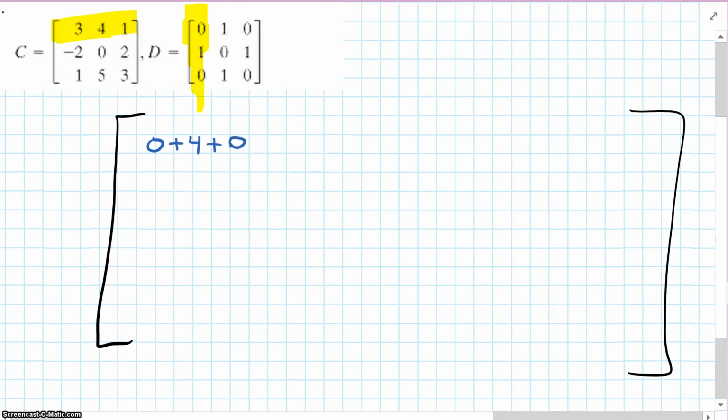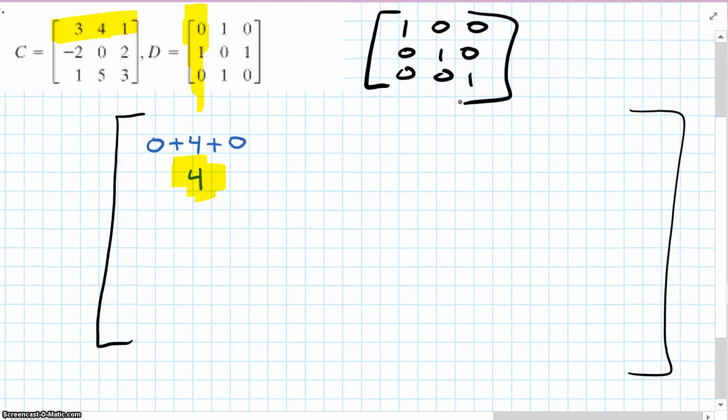So 0 plus 4 plus 0 is 4. All right, does that have the makings of an identity matrix? Absolutely not. An identity matrix looks like this. So do I need to do any more work? No. Not inverses. If it doesn't look exactly like it, it doesn't work.